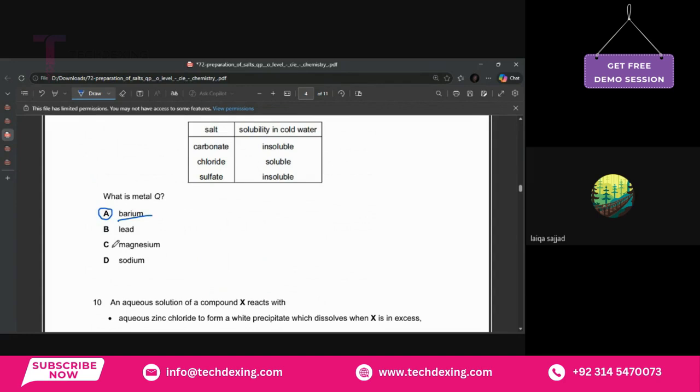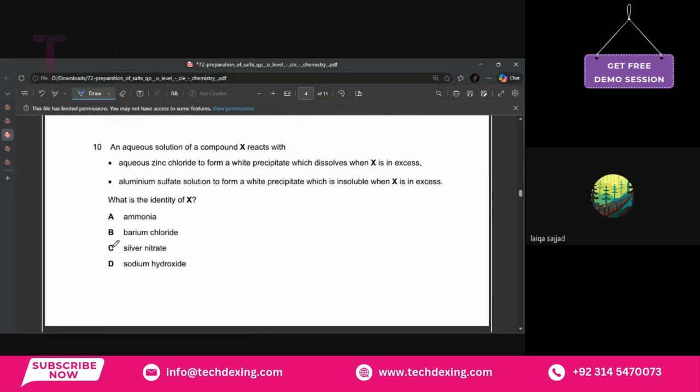And what about sodium? Sodium carbonate is soluble. Yes, and the chloride is also soluble. What about sulfate? Sulfate is also soluble. Yes, all common sodium salts are soluble.